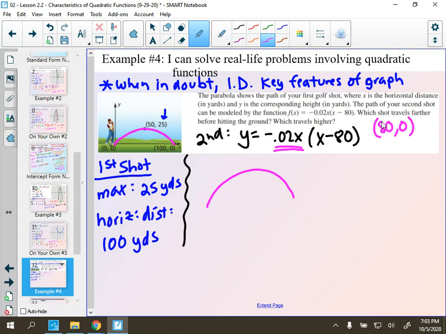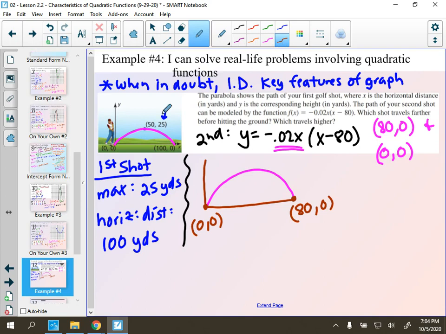So my two x-intercepts are (80, 0) and (0, 0). They're clean numbers. I know it's a negative 0.02, and that scares people off, but that means that the point (80, 0) must be over here, and (0, 0) must be over here.